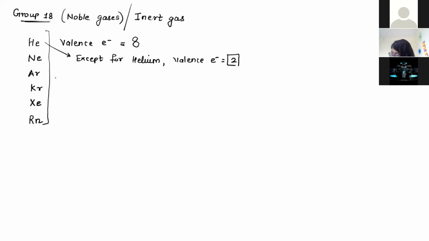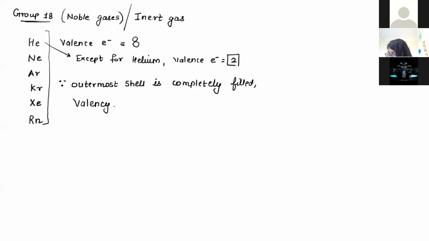Since the outermost shell is completely filled, the valency of noble gases is 0. That is, they neither gain nor lose electrons.